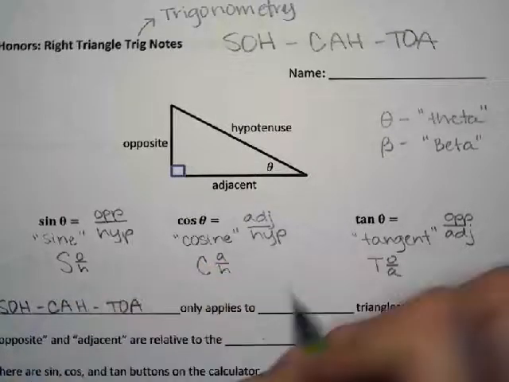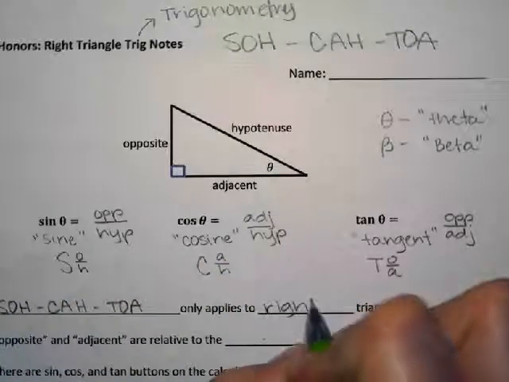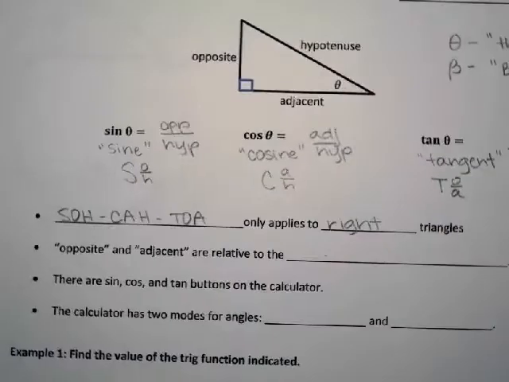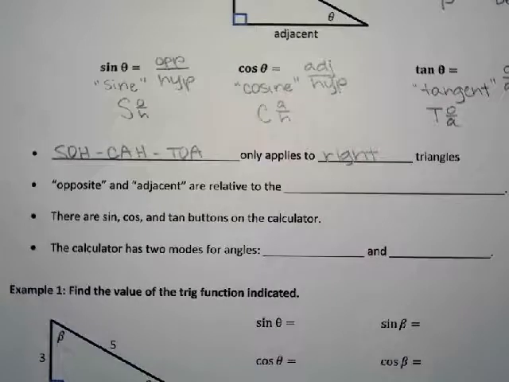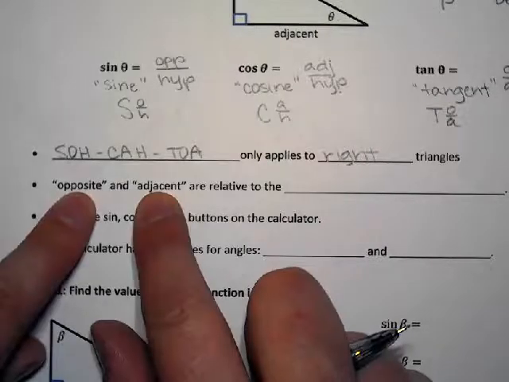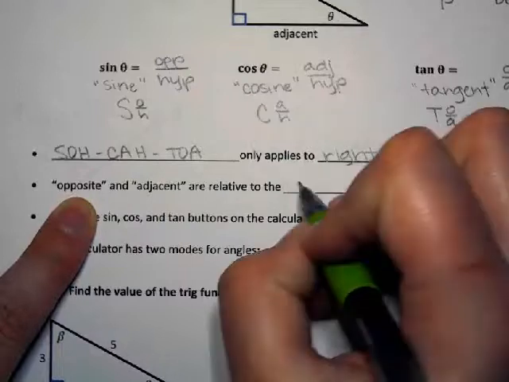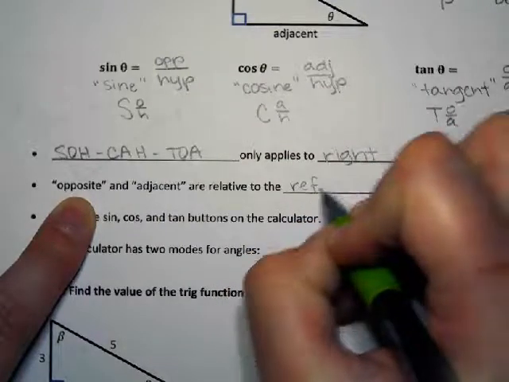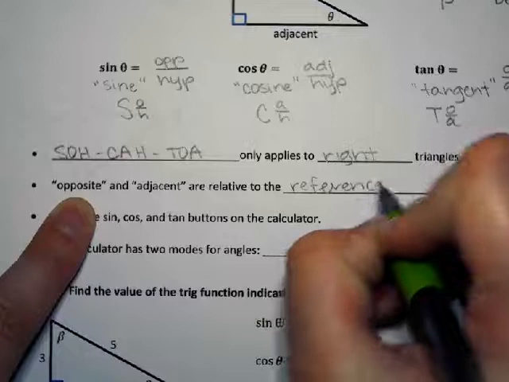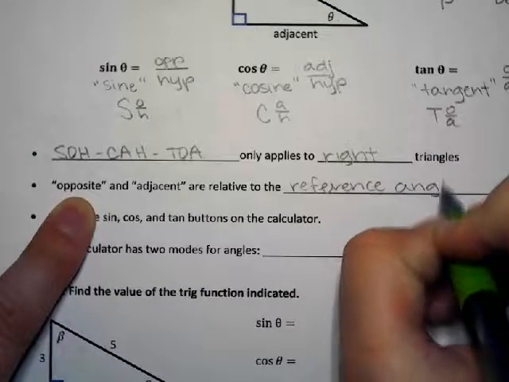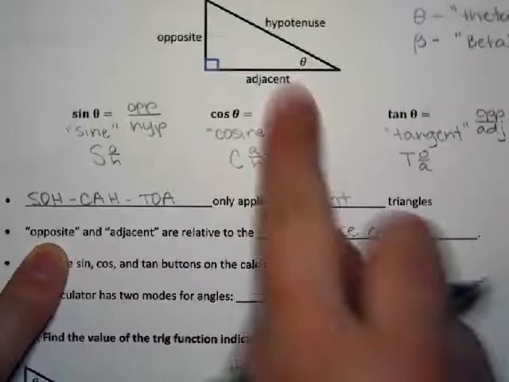Sohcahtoa only applies to right triangles. It doesn't apply to other triangles. So you have to have a right angle for this to work. The opposite and adjacent sides are relative to the reference angle. So you have to know which angle you're talking about.